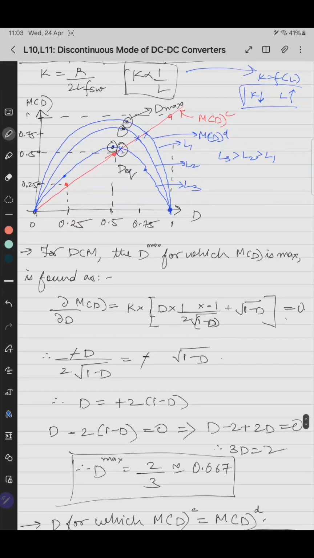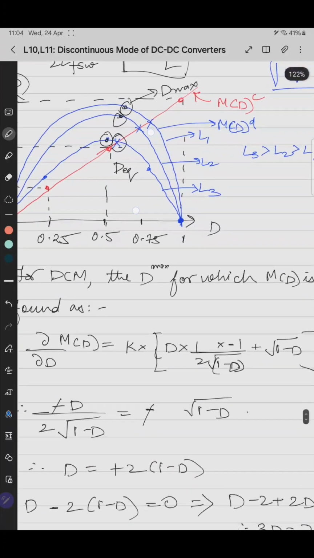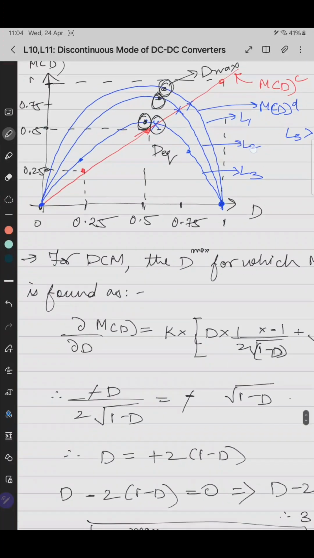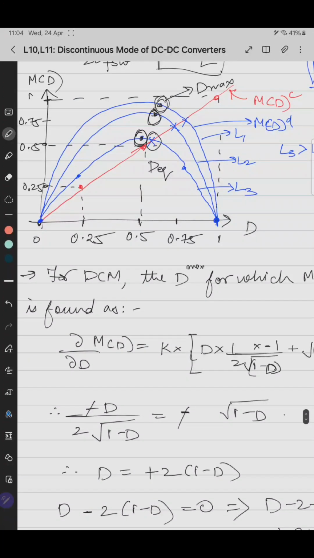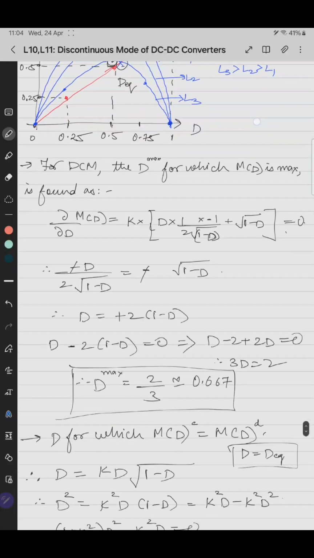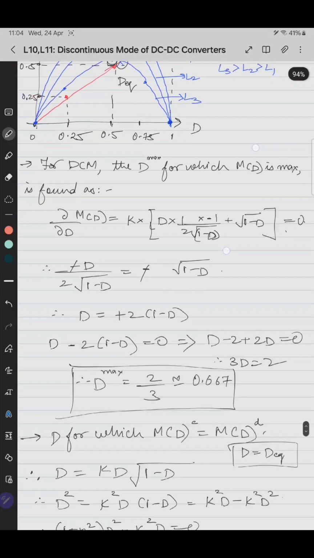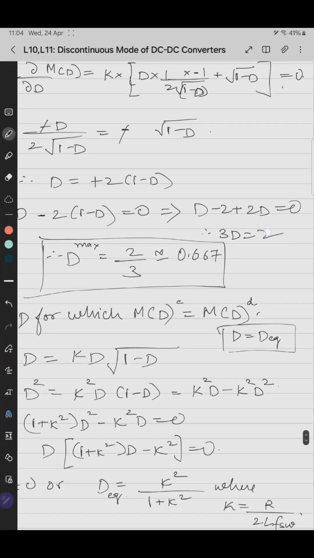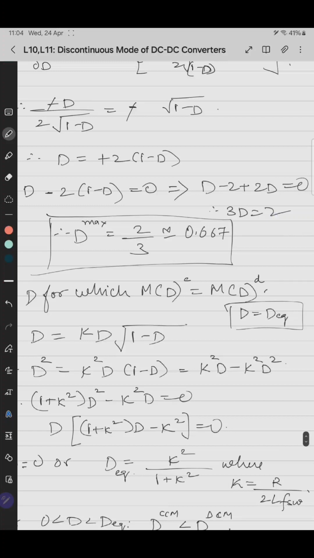Now with this expression for M of D for discontinuous conduction mode, you can see there are some peaks, that is these points where D equals D max. That is only for discontinuous conduction mode. What is the duty cycle at which you will get the maximum gain? So for finding, only in discontinuous conduction mode, what is the maximum gain, that is D equals D max, we'll differentiate the expression of M of D with respect to D. So we'll write dou M by dou D, which equals this, and if you solve it, you will get D max as 2 by 3, that is 0.67.